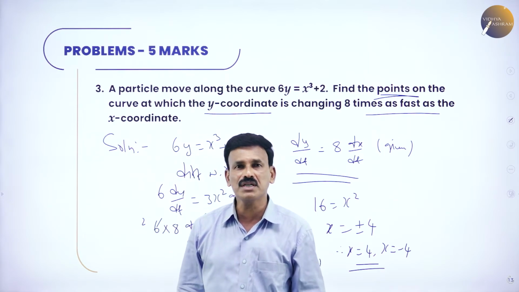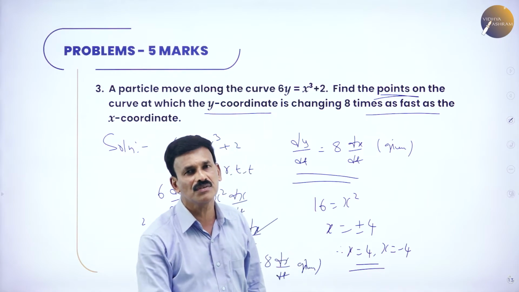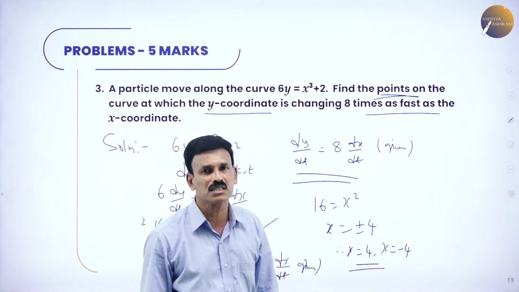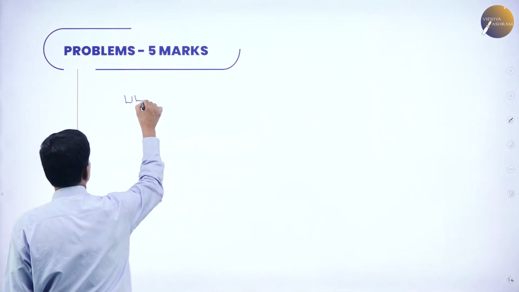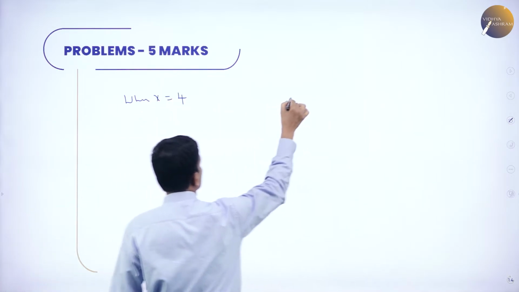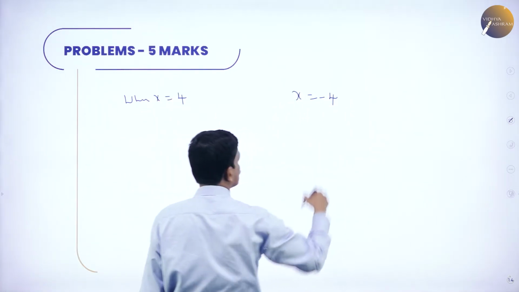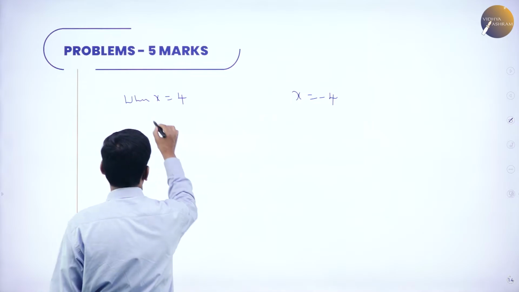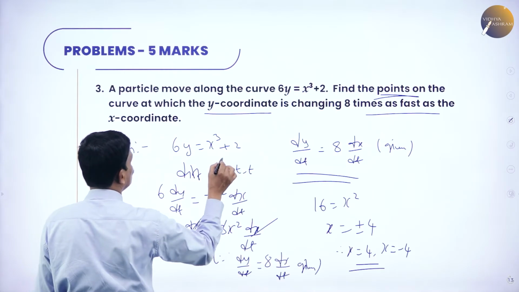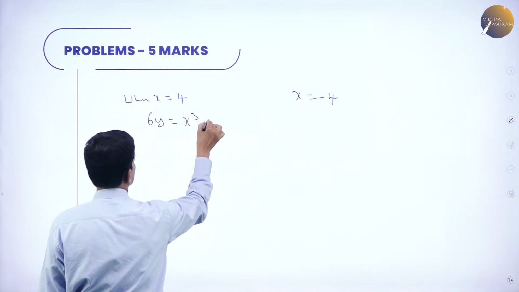Now to get the y coordinate, just substitute the values of x in the given equation, you will get the y coordinate. That's it. Therefore, when x is equal to 4 and x is equal to minus 4. What is the equation? We have 6y is equal to x cube plus 2.